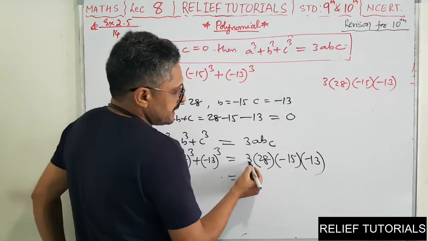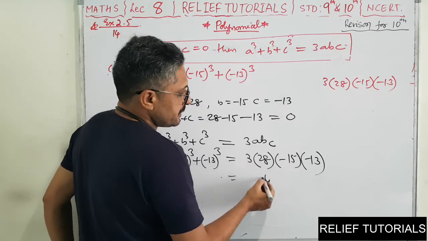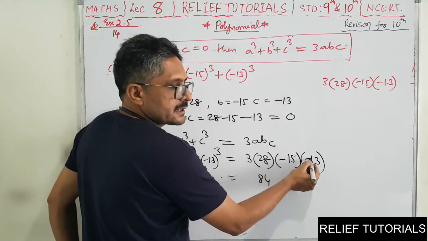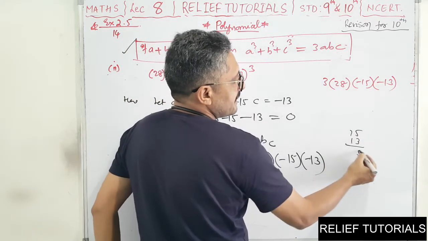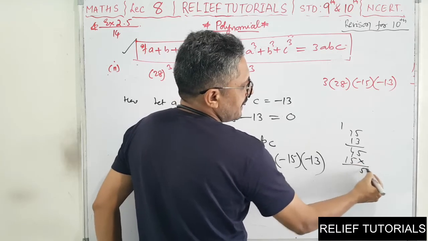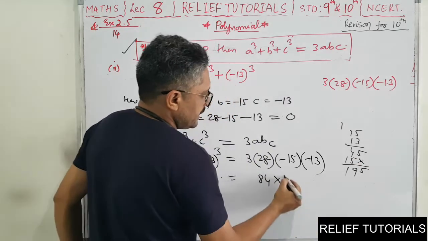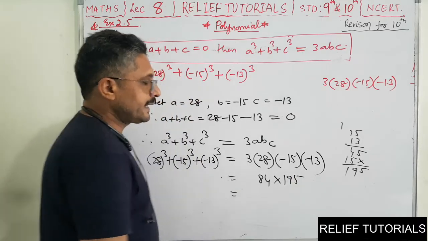Now 8 3s are 24, carry 2, 3 2s are 6, 6 and 2, 84. Minus into minus is plus. 15 3s are 45, 13s are 39, so 3 into 15 is 195 and the 84 remains. Now 84 into 195.